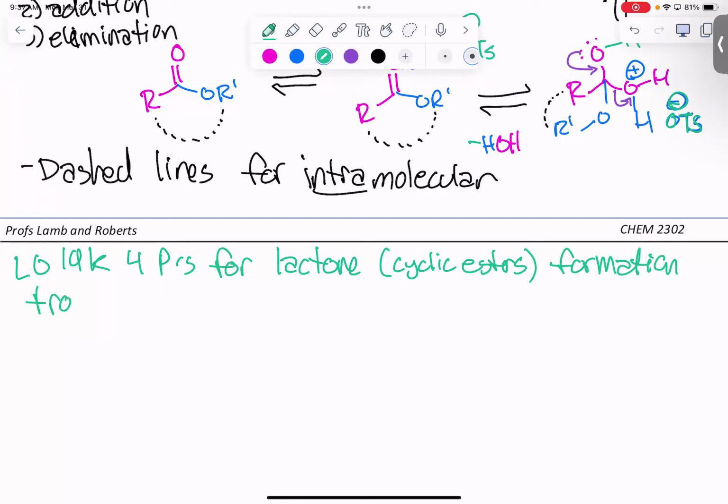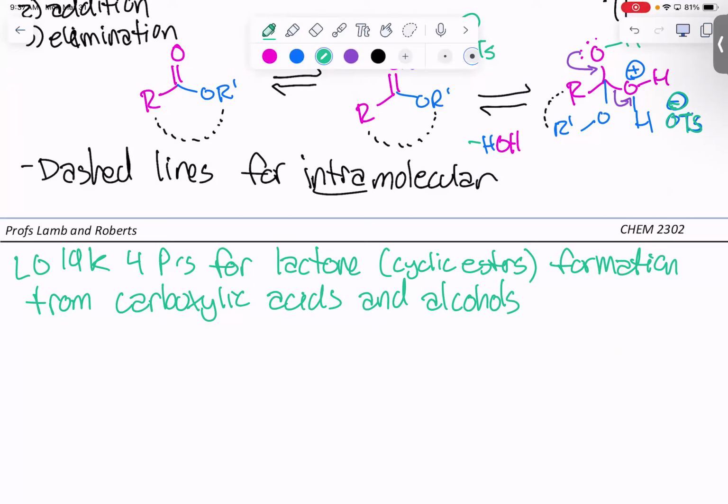This is, of course, from carboxylic acids and alcohols. Right, so the exact same learning objective we had before. Before we had the formation of esters from carboxylic acids and alcohols. Now we just have the cyclic version, and it forms a special type of ester, a cyclic ester called a lactone. So this is an intramolecular reaction. Right, and so in 19.5 is where you can find this.